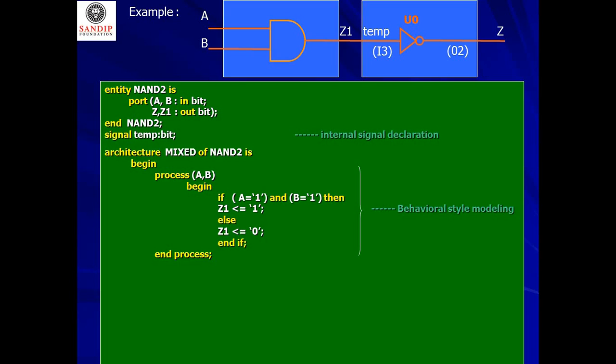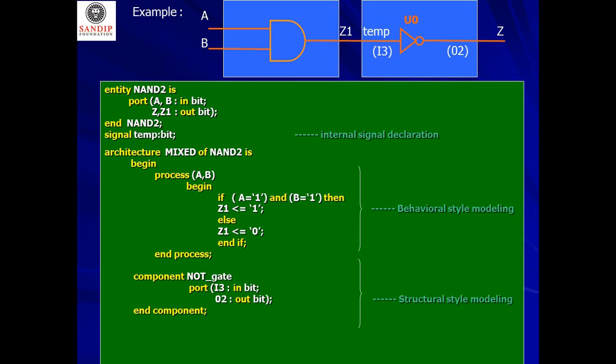Here we are using behavioral modeling style and structural modeling style. In architecture, after writing begin, process begin, write down the sequential assignment statement to describe the operation of AND gate. If A equal to 1 and B equal to 1, then Z1 is assigned 1, else Z1 is assigned 0. End of the if, end of the process.